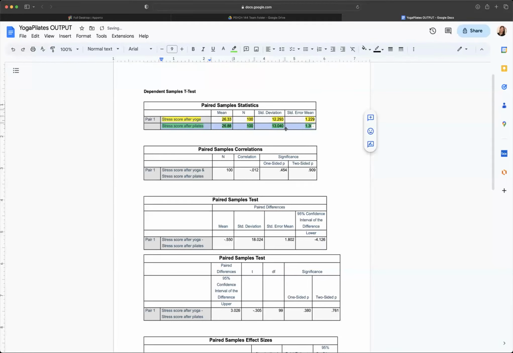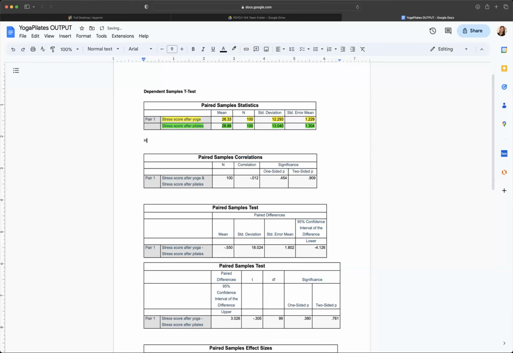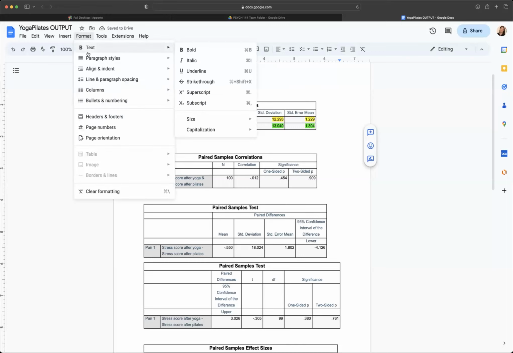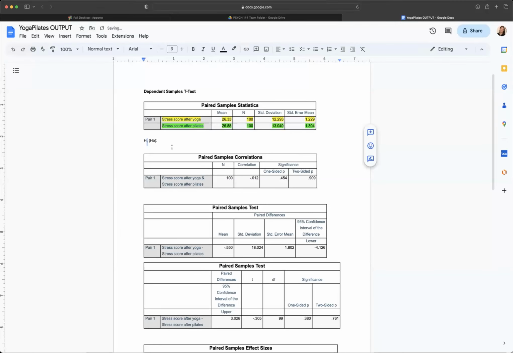So the first thing we can do is look at those numbers and remember our alternative hypothesis. I'm going to use H1, but it can also be HA for your alternative hypothesis. Our alternative hypothesis was that Pilates would decrease stress more than yoga. And so we would expect Pilates to have lower stress scores.